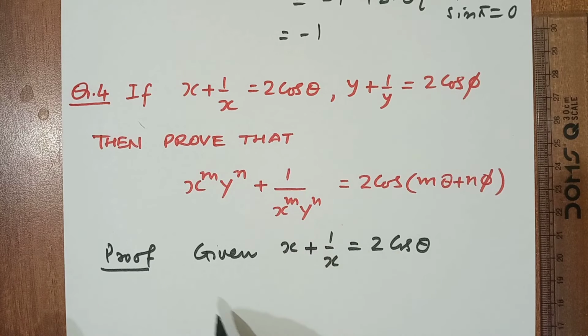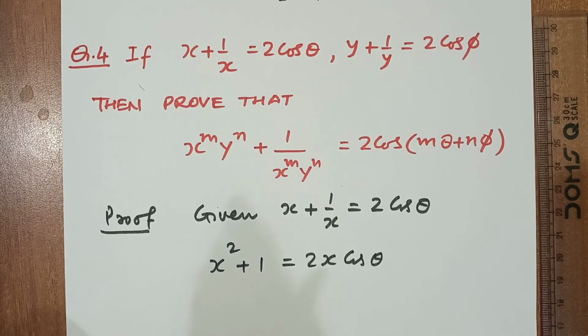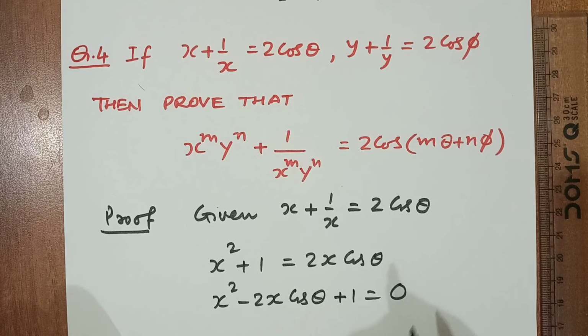Okay, so now on multiplying by x, this is x square plus 1 is equal to 2x cos theta. This is quadratic in x. It means we can write x square minus 2x cos theta plus 1 is equal to 0.